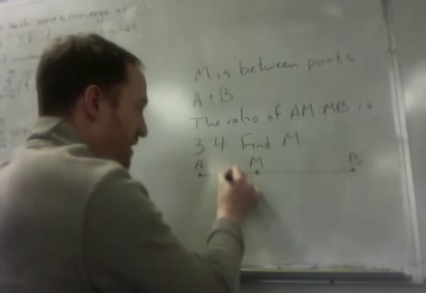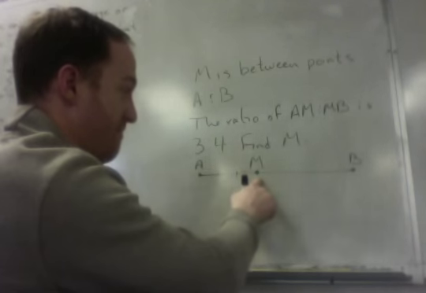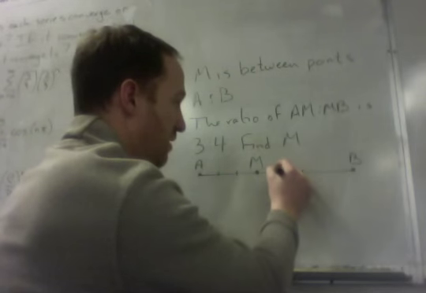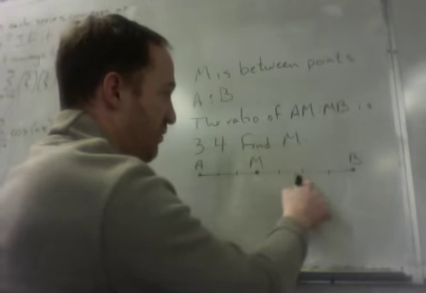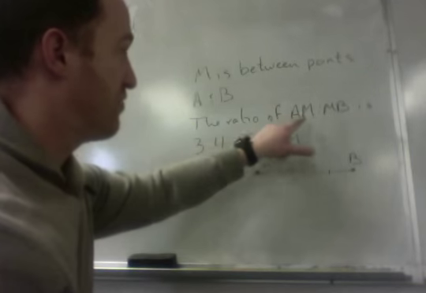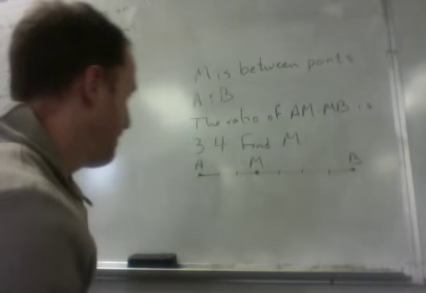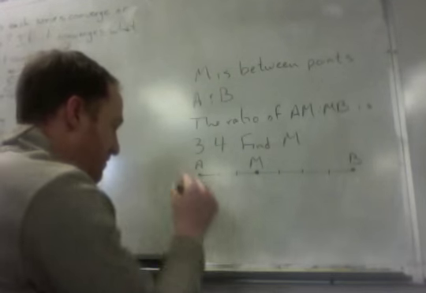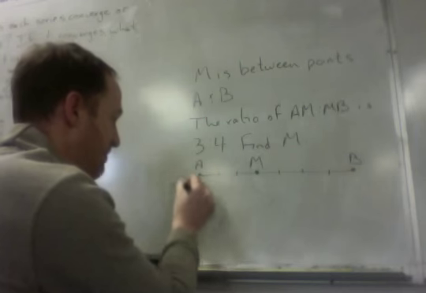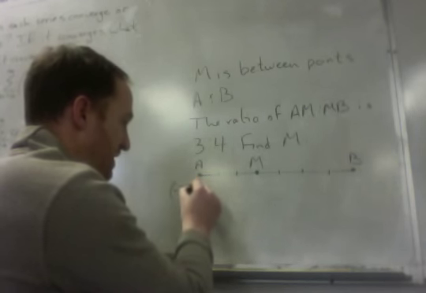That means for every 3 steps we go from A to M, we go 1, 2, 3, 4 steps from M to B. So AM to MB is 3:4. So 3 to 4, AM's 3 for every 4 that MB goes. Okay, so let's say A is at (-2, 10).